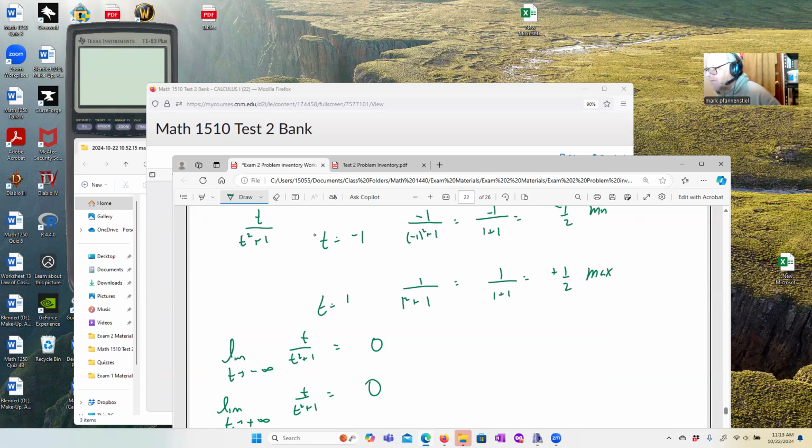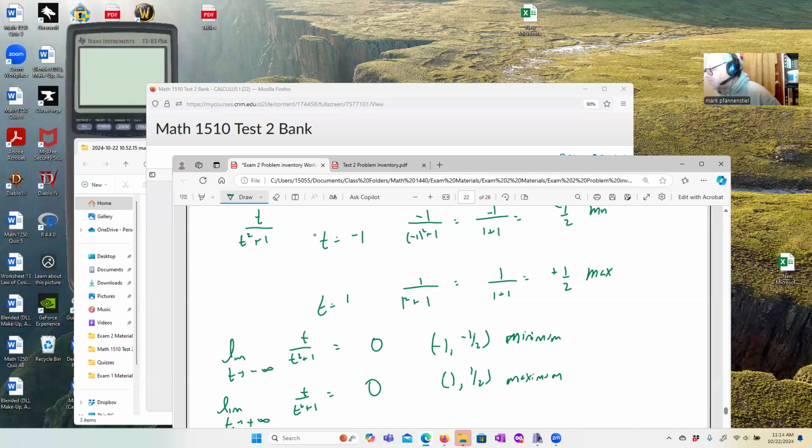So we're pretty happy with the fact that we had negative 1, negative 1/2, this is our minimum, and 1, positive 1/2, this is our maximum.